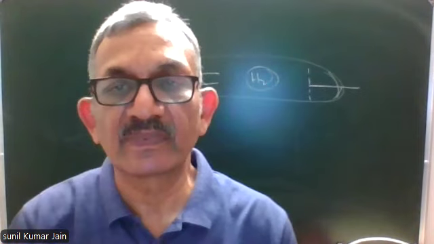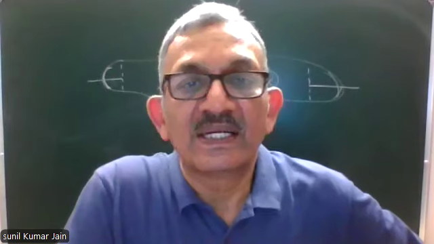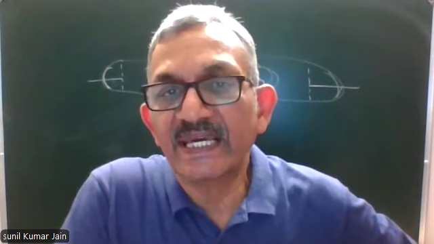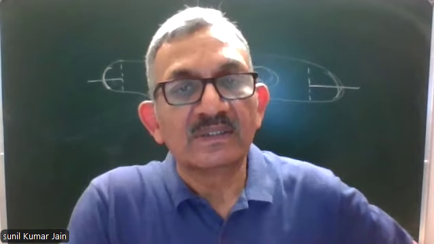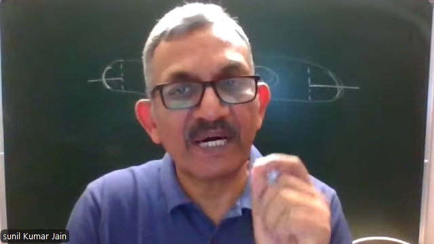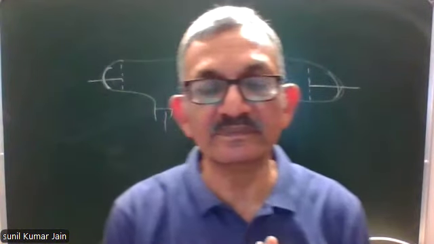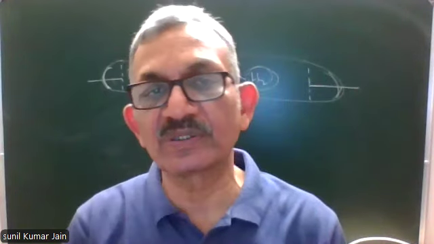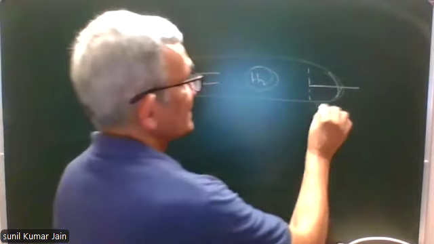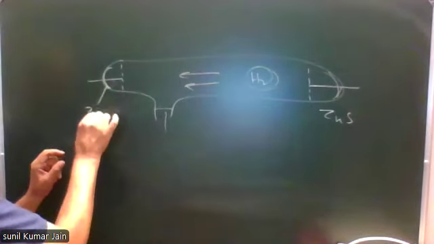This led to the discovery of another type of rays which came from the side of the anode, passed through the holes of the cathode and produced a glow on the ZnS, zinc sulfide coating behind the cathode.